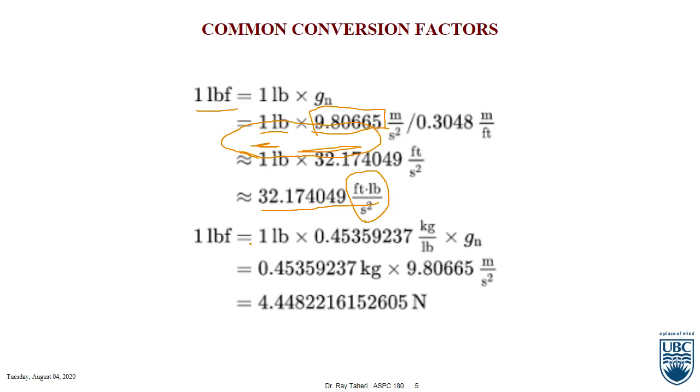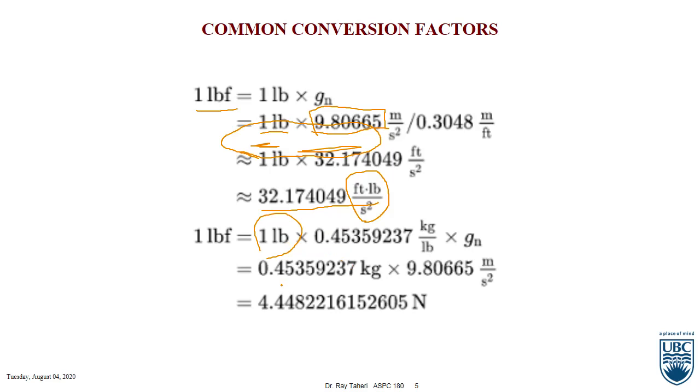And then the next step is converting the pound to the kilogram. So 1 pound, remember, is 0.453 kilogram.